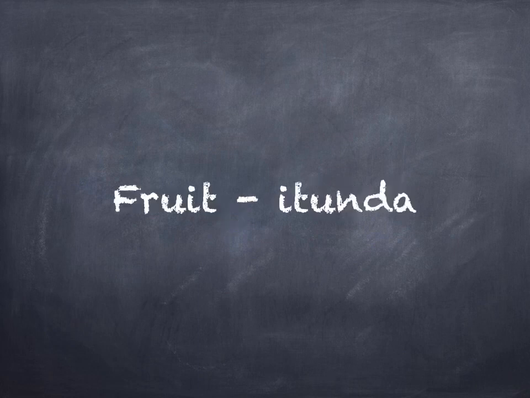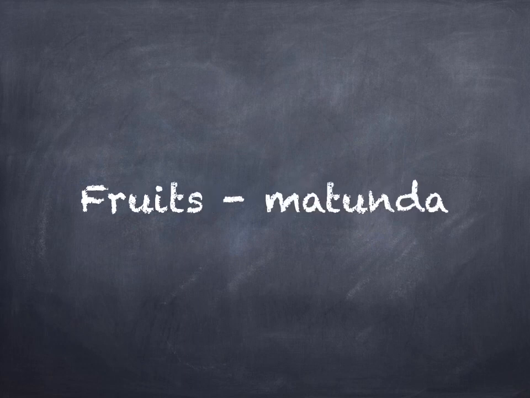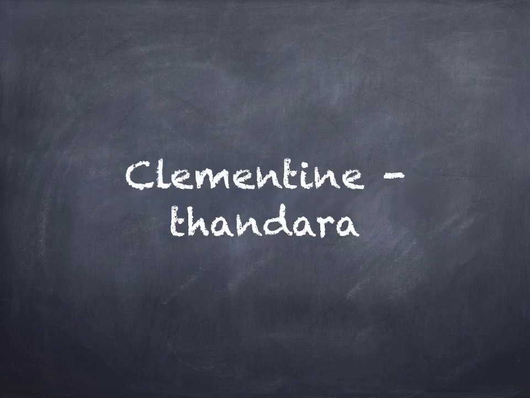And now moving on to another type of food, which is fruit. Fruit in Kikuyu is itunda, and matunda for the plural. Setting off this list is the sweet clementine.